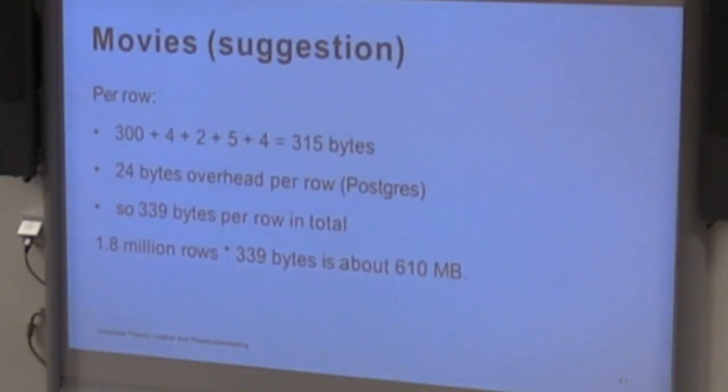That depends on your vendor's database engine. So if you're using Postgres, you are adding another 24 of them, returning 339 bytes per row. So if we had 1.8 million rows, this will add up to 610 megabytes.